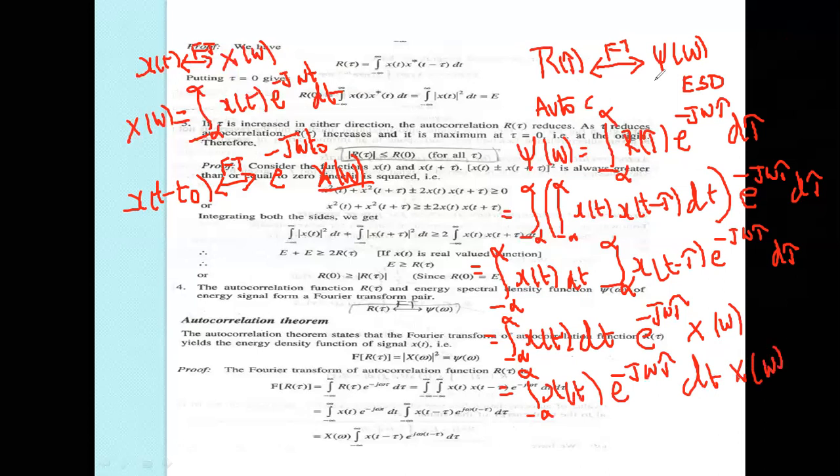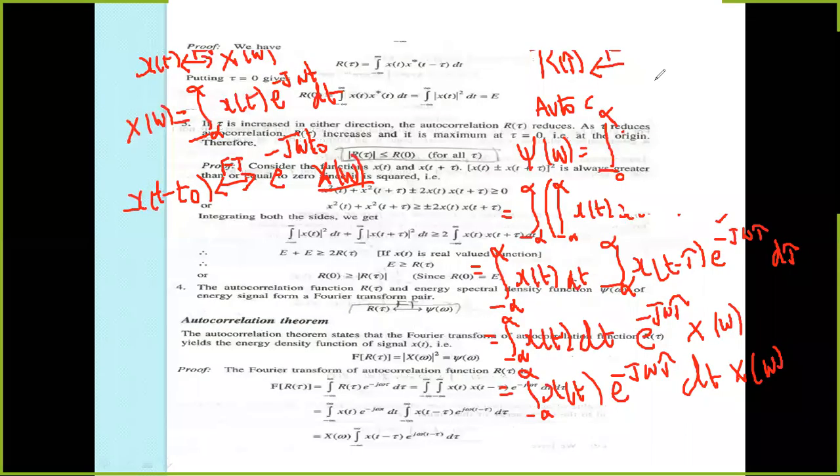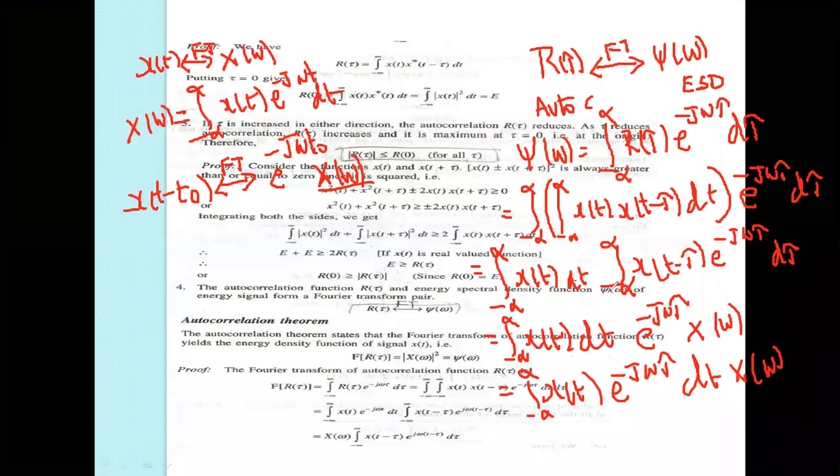Okay, my dear students. In this, you have to make a small modification to get the e power X of omega. So we have x of t and x of t minus tau dt e power minus j omega t dt. One integral we convert as the integral from minus infinity to infinity of x of t into e power minus j omega t.